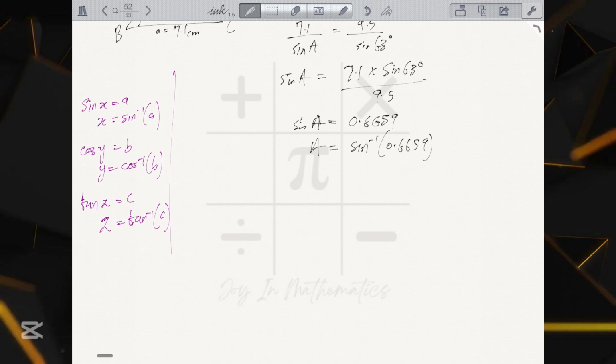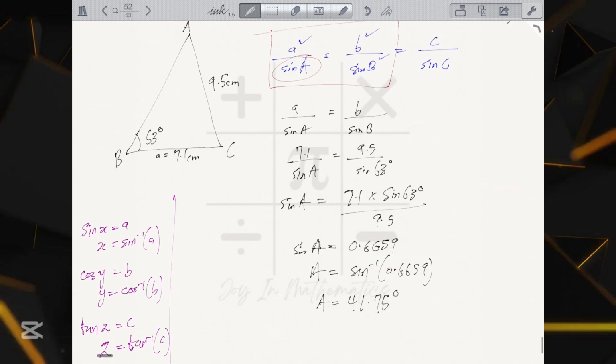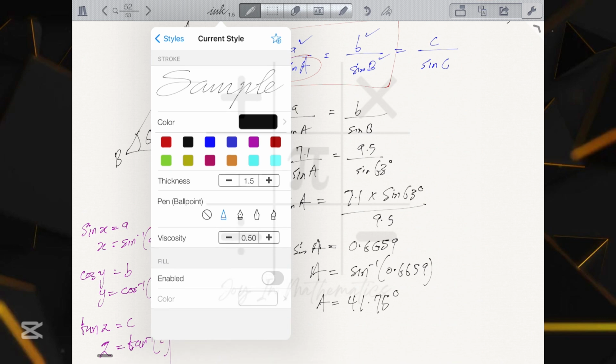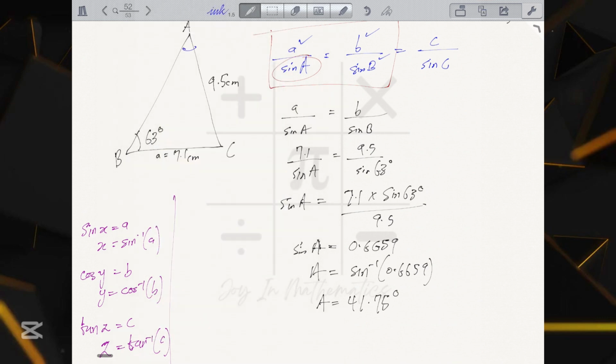Implementing that, we will have angle A to be equal to 41.75 degrees. So let's go back to the diagram, and now we have angle A to be equal to 41.75 degrees.